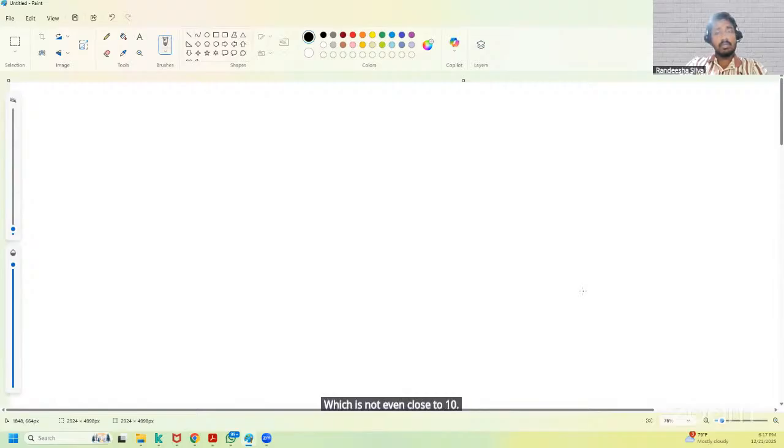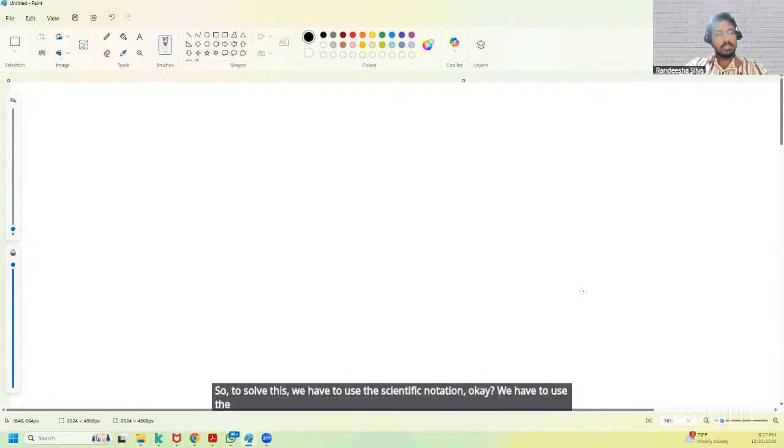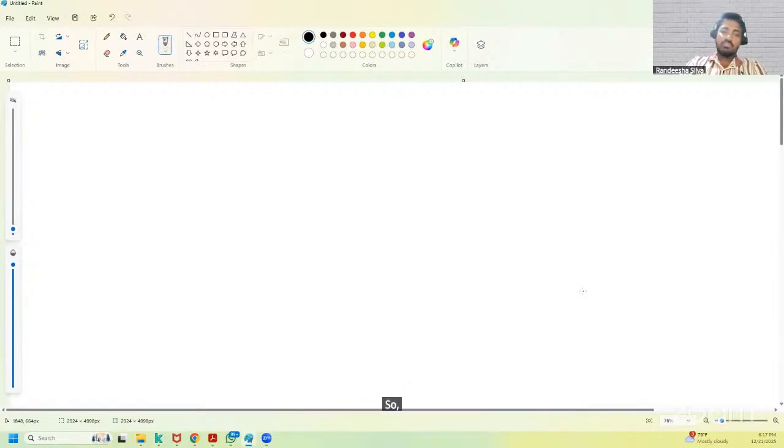It's really big. We can't find 473 in the column; there's no column or row to find this. To solve this, we have to use scientific notation. So we move this decimal point to create a number between 1 and 10.